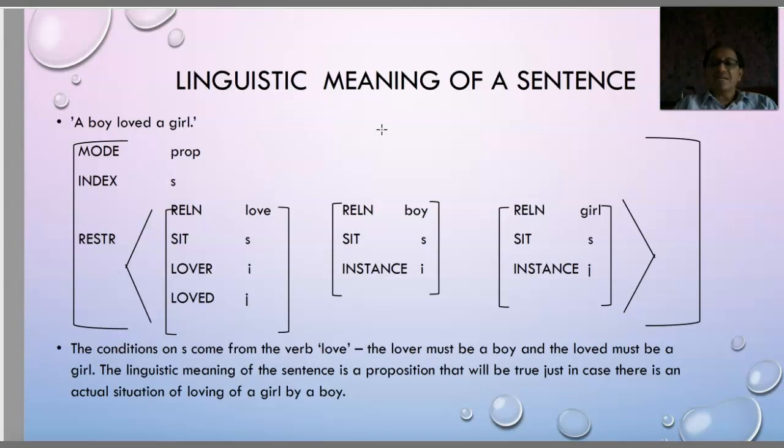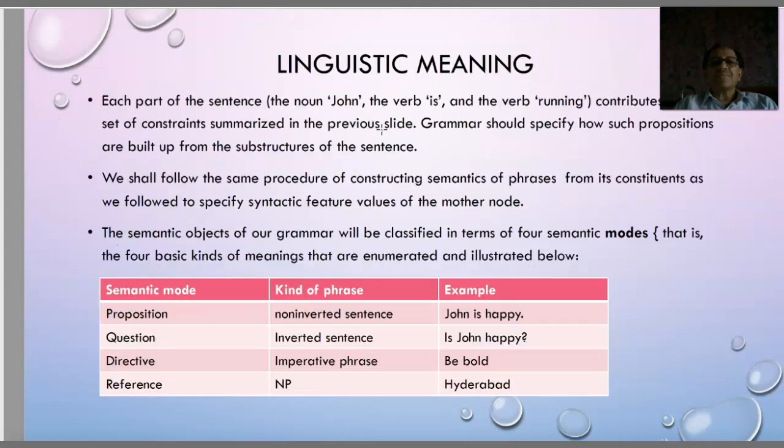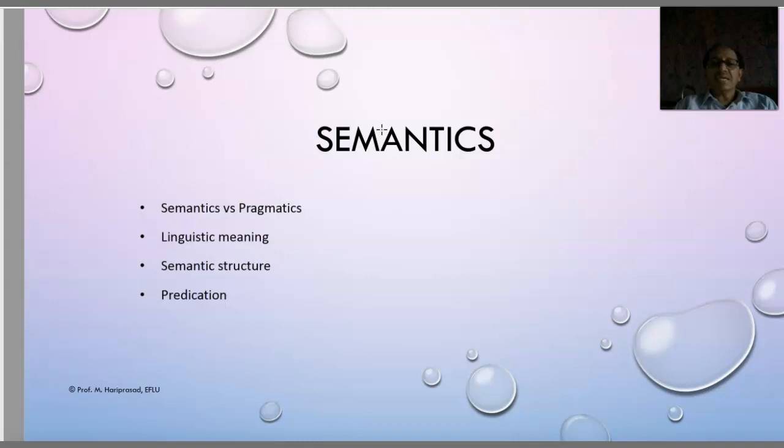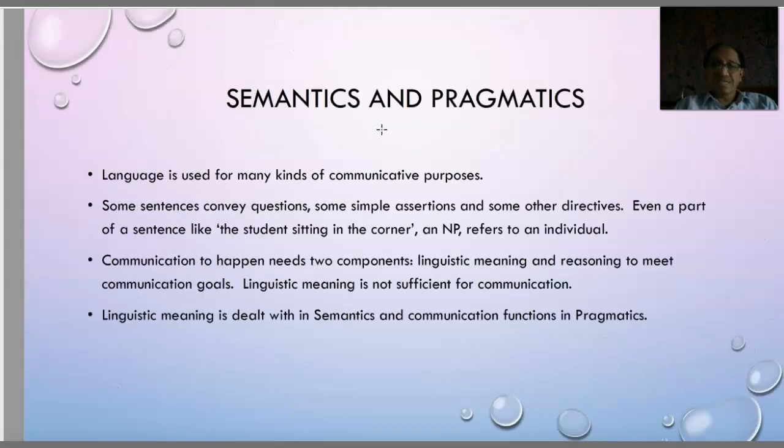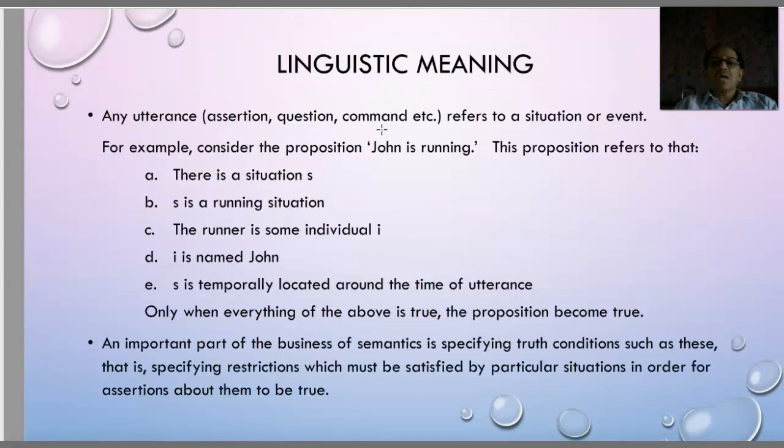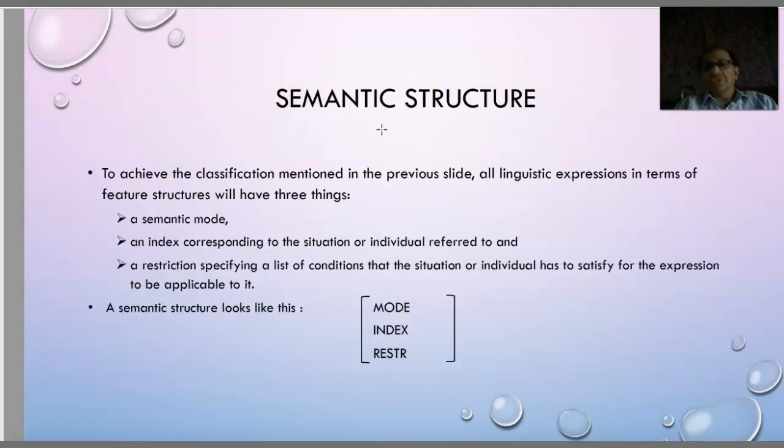What we have seen in this video is that the semantics is also represented in terms of feature structures, and in semantics we deal with only linguistic meaning. We are not interested in pragmatics now. Linguistic meaning is obtained from the constituents of a sentence, and it refers to the situation, whoever participates in the situation as individuals, the names of the individuals, and the time of the situation.